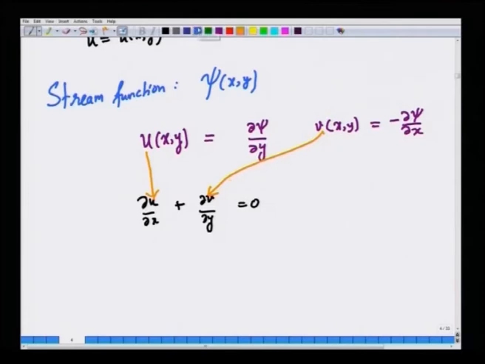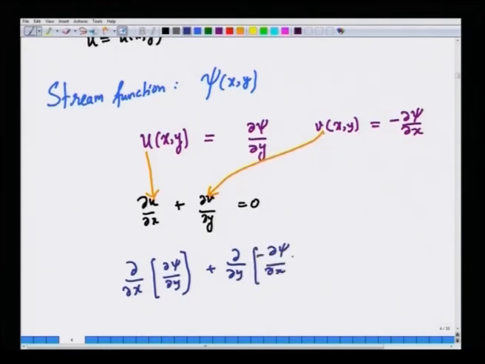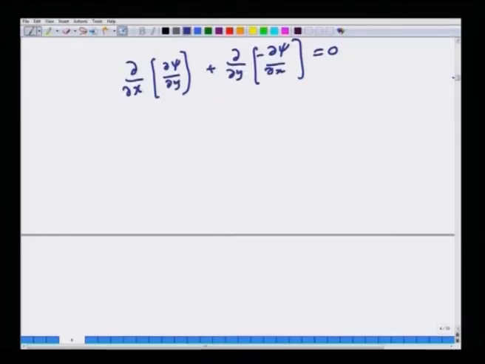So, you get partial x of partial psi partial y plus partial y of minus partial psi partial x is 0. That is the continuity equation. Now, I can pull this minus sign out. So, you get partial squared by partial x partial y psi minus partial squared by partial y partial x psi.